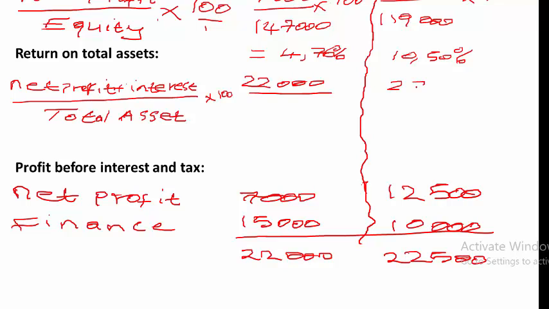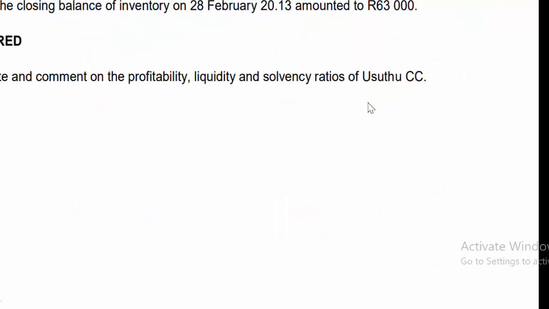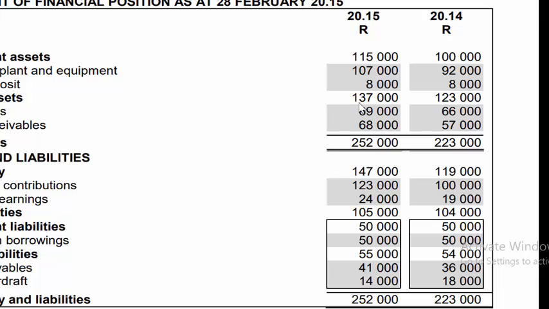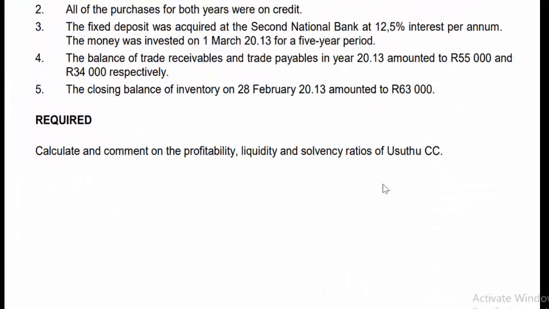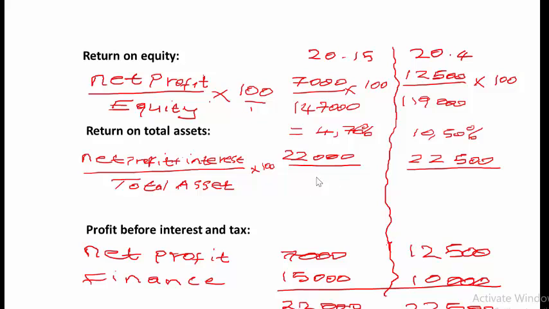We are going to go up and check for it. It's 22,500 over your total assets. Remember we haven't found the percentages yet. So we go up, looking for our total assets: 252,000 and 223,000, right? So let's go down again and insert those amounts right there. Remember, this also should be multiplied by 100, so that you can get a percentage.